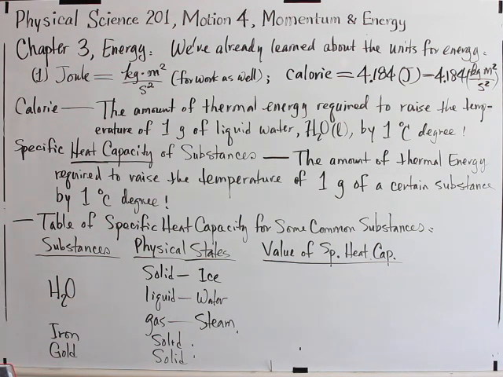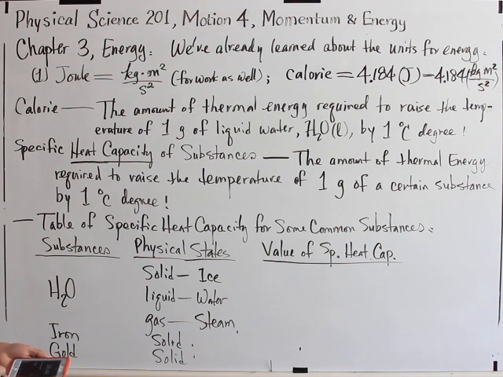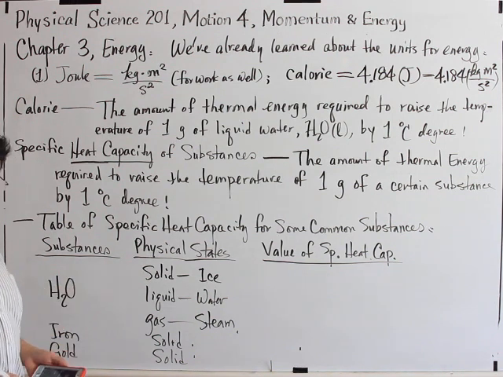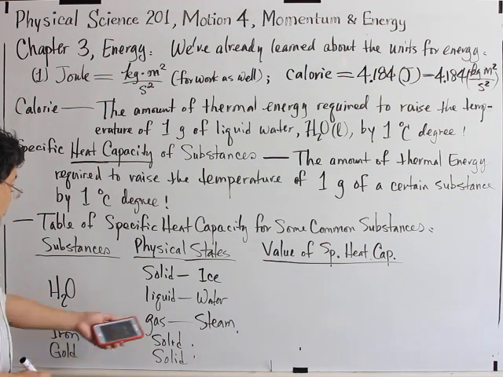But for the iron and the gold, the metals, their melting point and boiling point temperatures are very high, and so under room temperature they are solids. All right, they are not possible to form liquid and the gas. So we put solid on here.